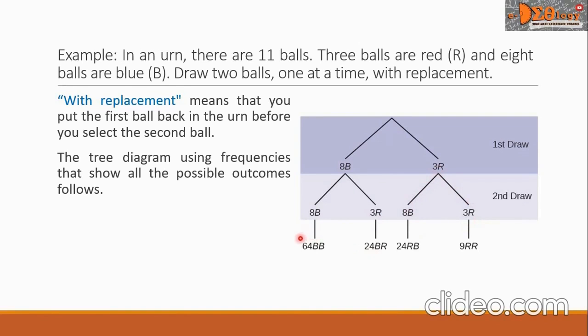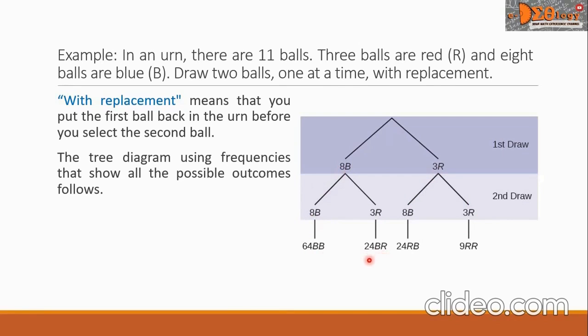Now, regarding the numbers, this is 64 BB. This means the 64 comes from the product of 8 and 8. And this BB means the first draw is a blue ball and the second draw is also a blue ball.